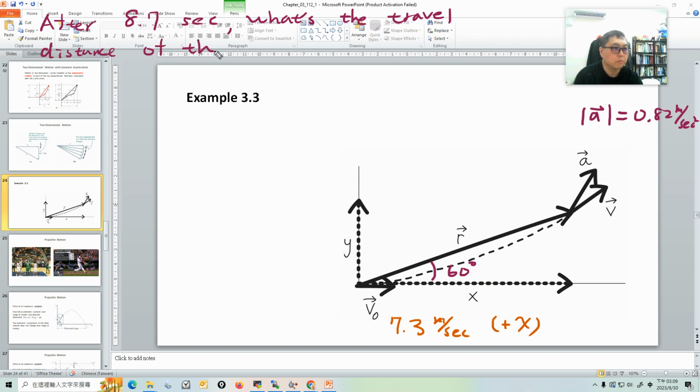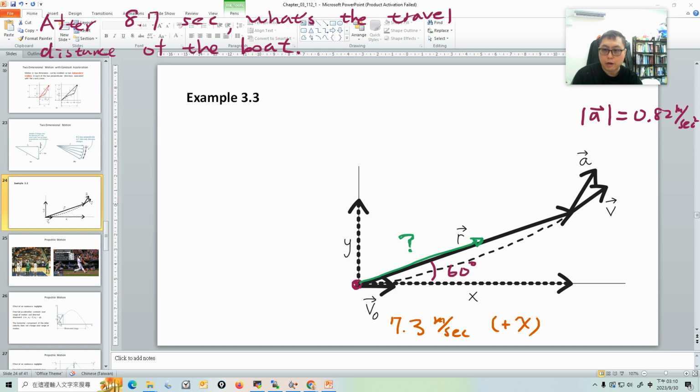The boat is here, and it suddenly gets an acceleration in this direction. After 8.7 seconds, what's the displacement? Oh no, sorry, not displacement. What's the travel distance after 8.7 seconds? So this is a 2D kinematics problem.